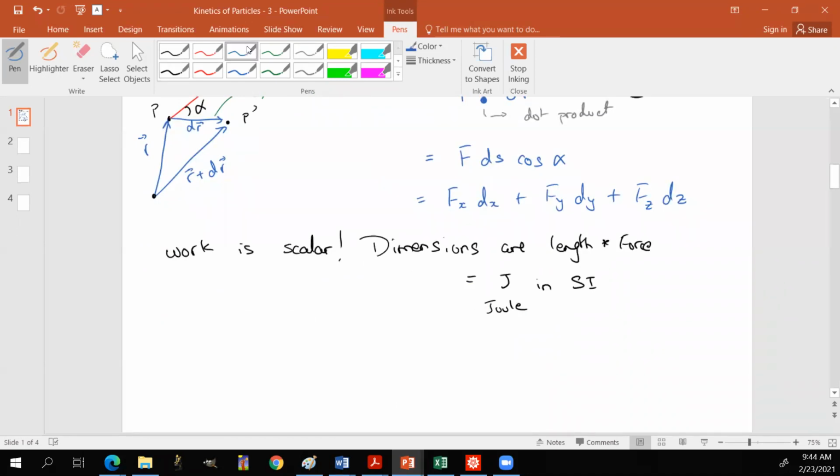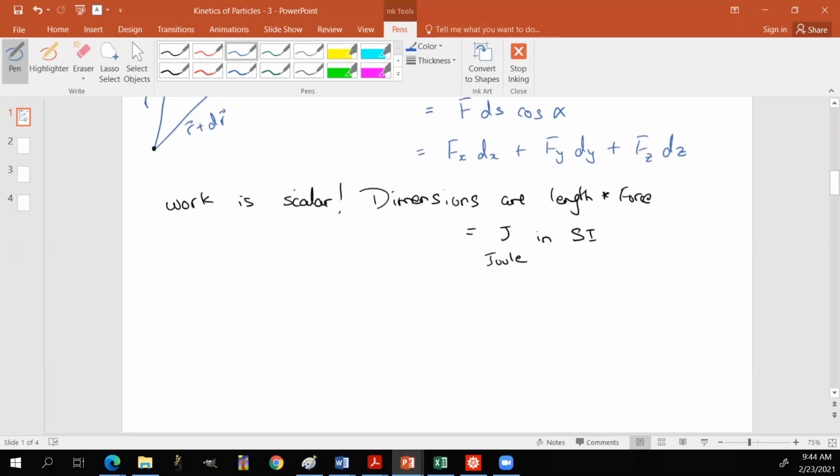Next, you can define the work of a force with finite displacement. Say it changes from position 1 to position 2, and you are integrating, summing up all of those small amounts of work that the force does.